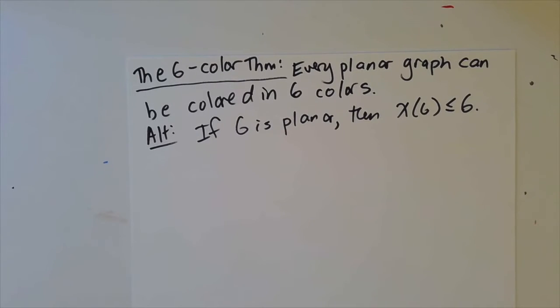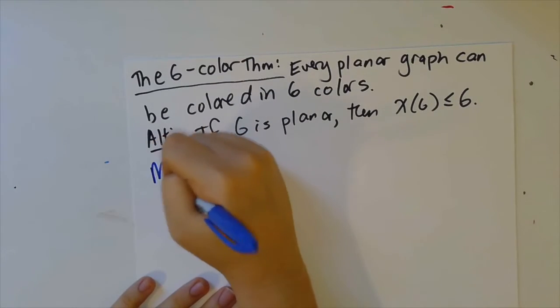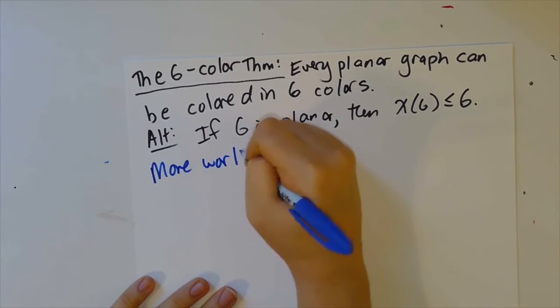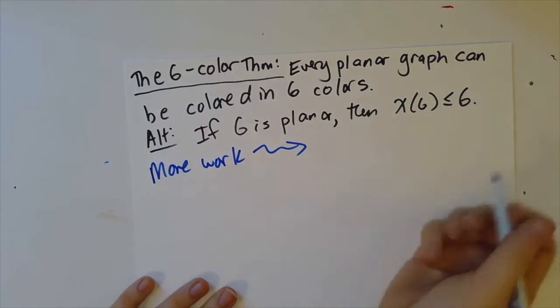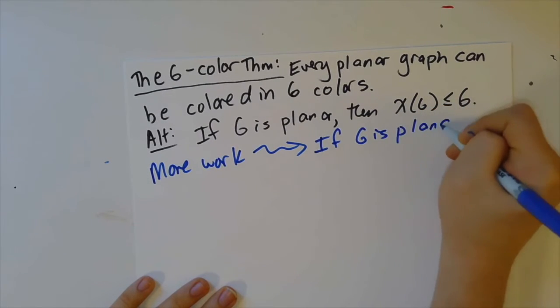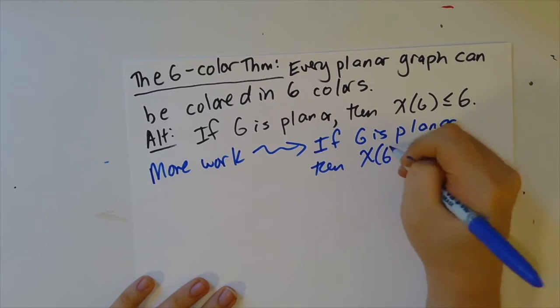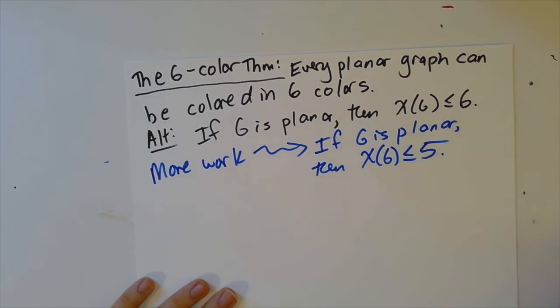Now, what we haven't proven is that there is a graph that requires 6 colors. In fact, there's not a graph that requires 6 colors. And so, if you want, you could do some more work, and you can actually get to that if G is planar, then chi of G is less than or equal to 5.